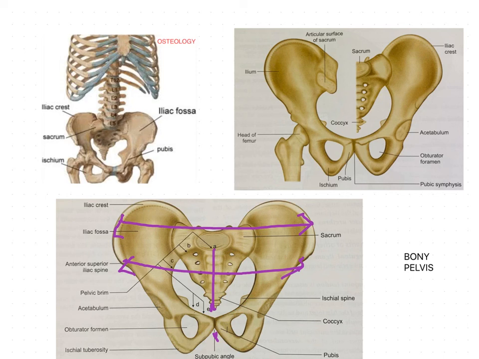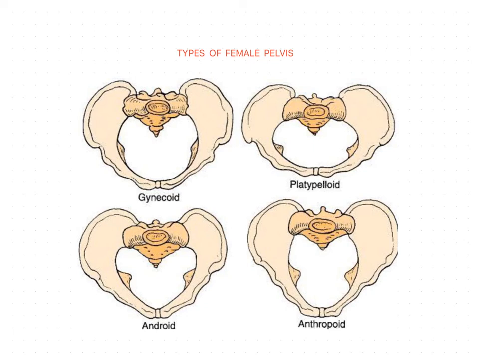Now we are going to see the different types of female pelvis. There are 4 types: the gynecoid type, the android type, the platypelloid and the anthropoid types. The first one is the gynecoid type, which is the normal female pelvis.